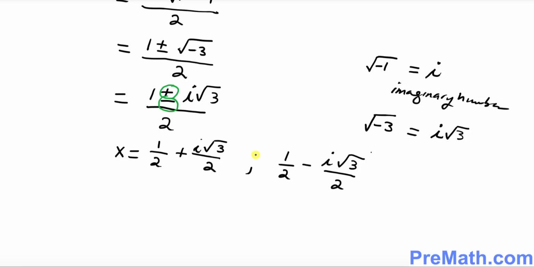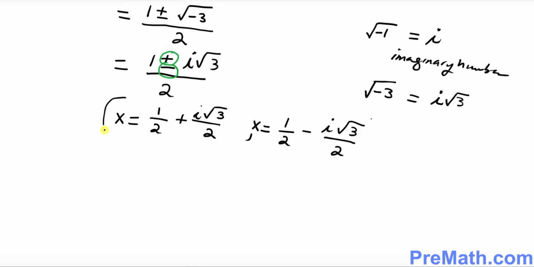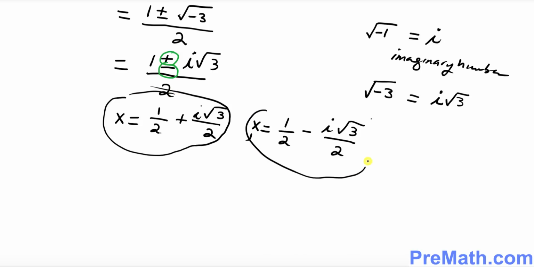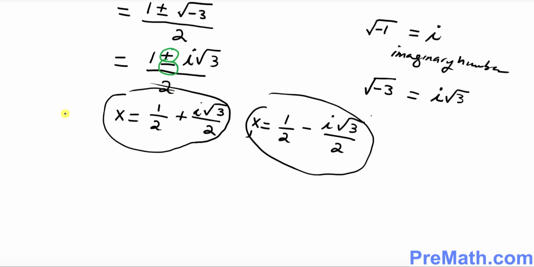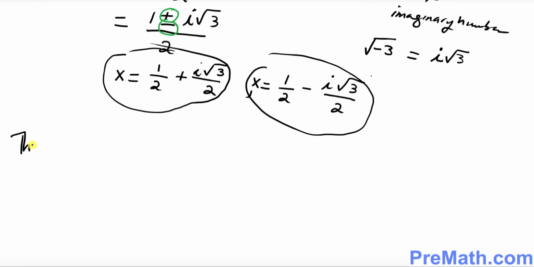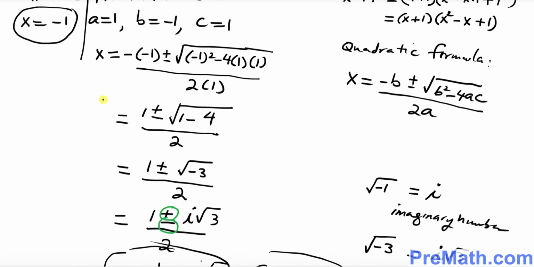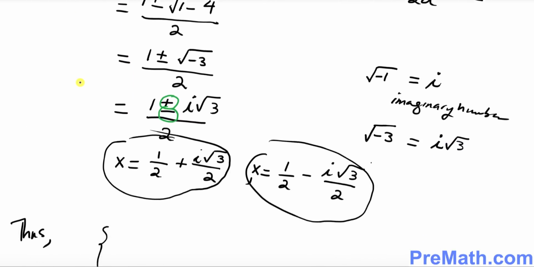So that is going to be our another solution. So that means this is one solution and this is another one. Thus our complete solution set is going to be what? The one was x equal to -1.